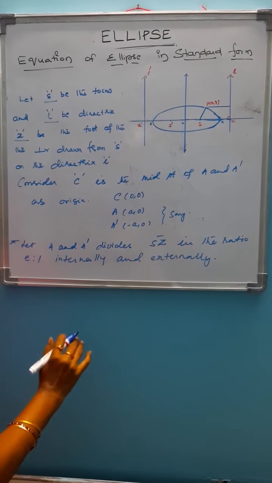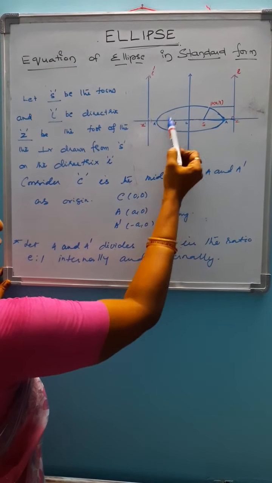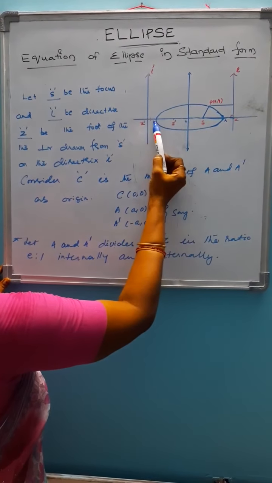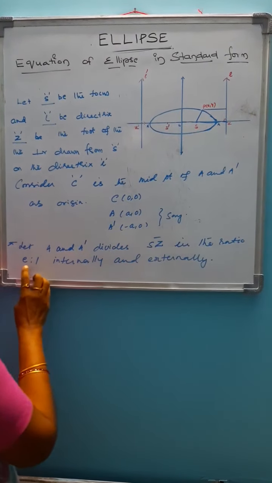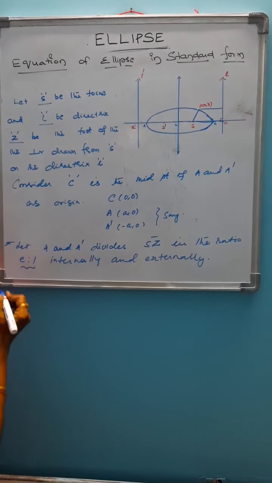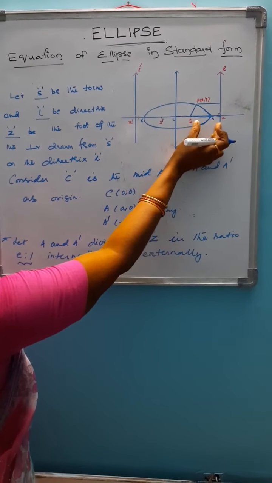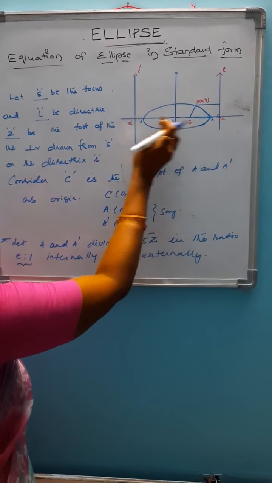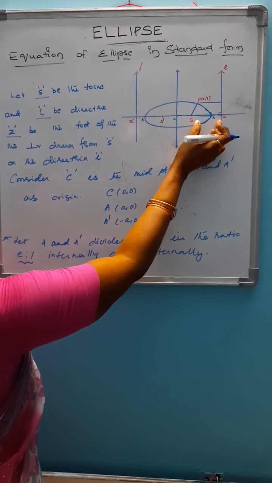This is a very important point. Let A and A dash be 2 points on the ellipse. These 2 points divide SZ in the ratio E is to 1 internally. That means A is the internal point of SZ and A dash is the external point of SZ.